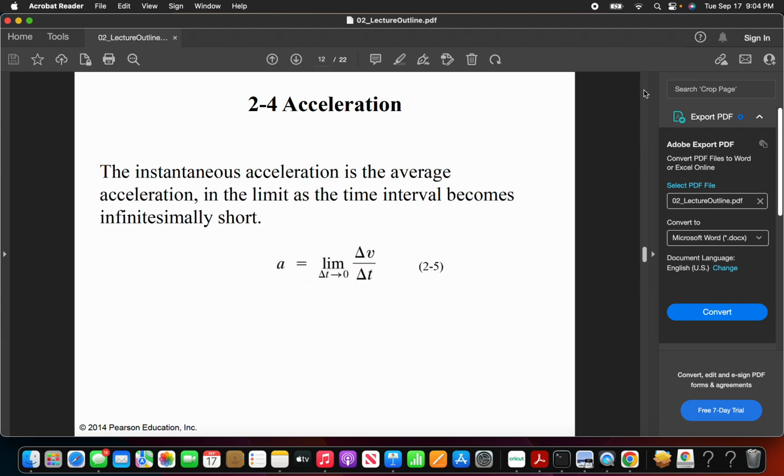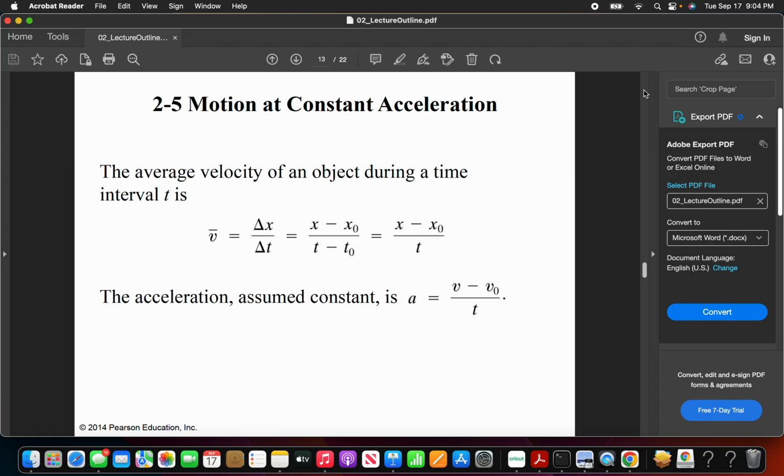And the same is true, we can do the first derivative of the velocity vector with respect to time and get acceleration. Or we can do the second derivative of the position vector to get acceleration. Okay? But that's all calculus. Don't worry about that.